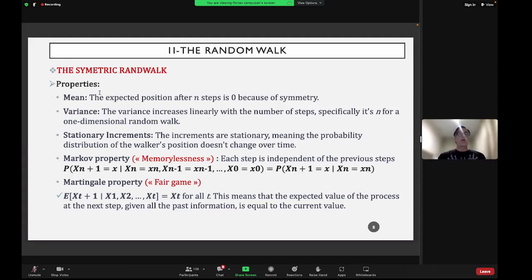Okay. Another property is the stationary increments. So what does stationary mean? It means that the probability distribution of the walker's position won't change over time. The probability distribution doesn't change, which is pretty interesting, because you don't know where you will land at the next step, but still, the increments, the difference between two positions between two time steps, follow a probability distribution.